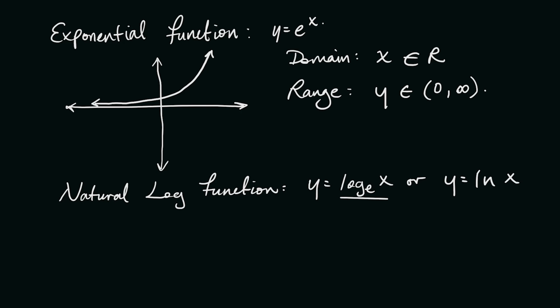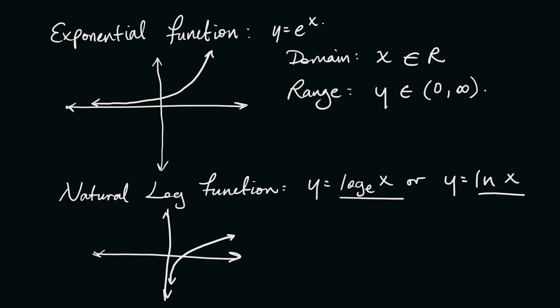Now, log e of x and ln of x are the same thing, because if you switch around the bases and everything, it turns into ln of x, right? The way this function would look is just like this. Vertical asymptote at 0, and it keeps on going up here.